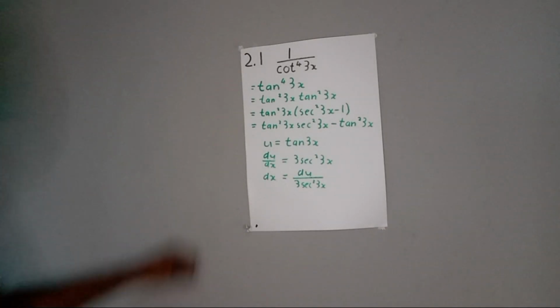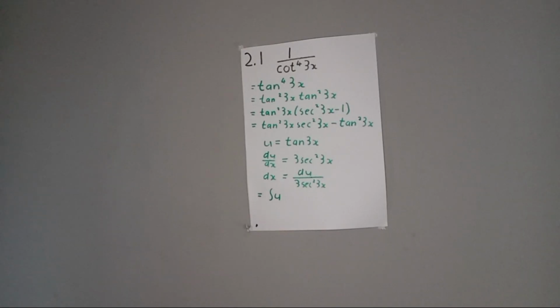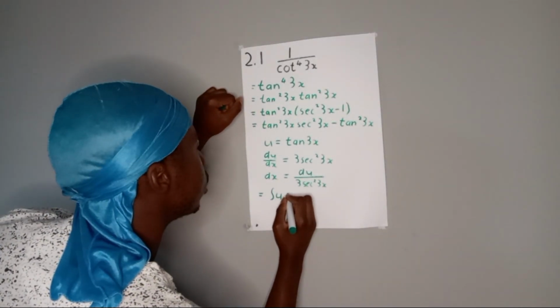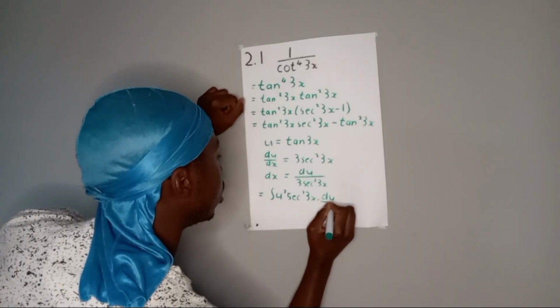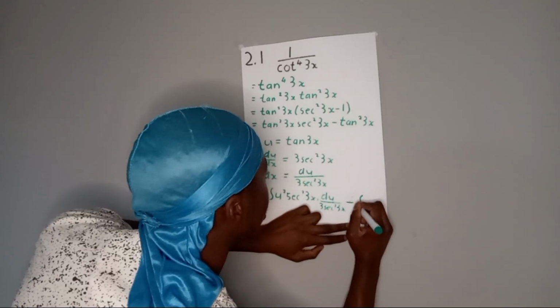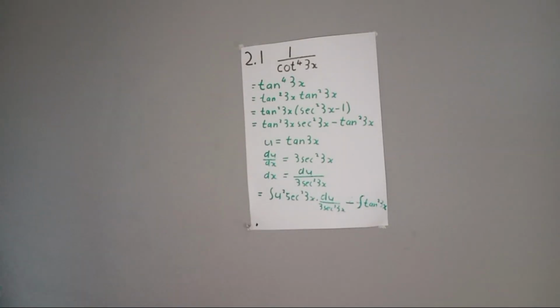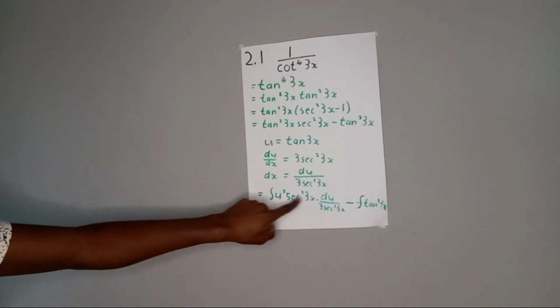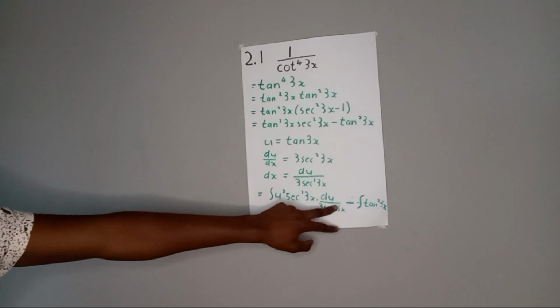Let's do that now. Okay, we substituted everything right there. We put the u squared, sec squared 3x, and all of that.